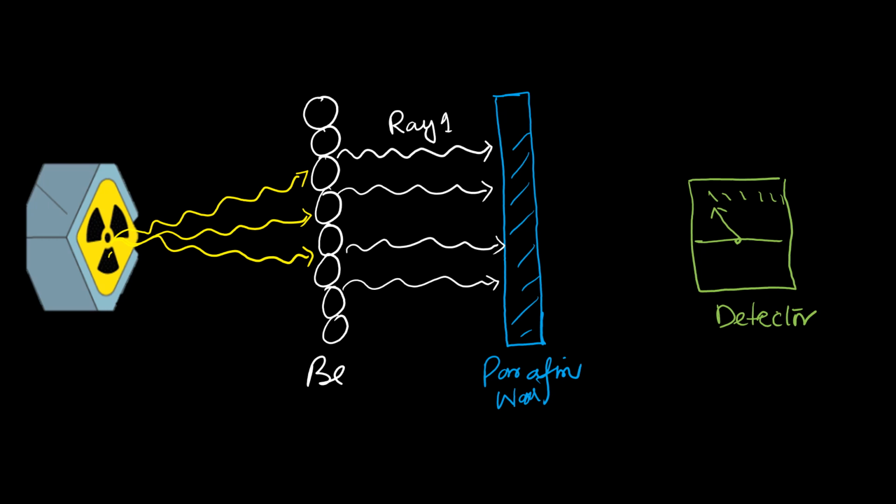Basically this paraffin wax then produced protons which were detected by a detector. Basically these were hydrogen ions.